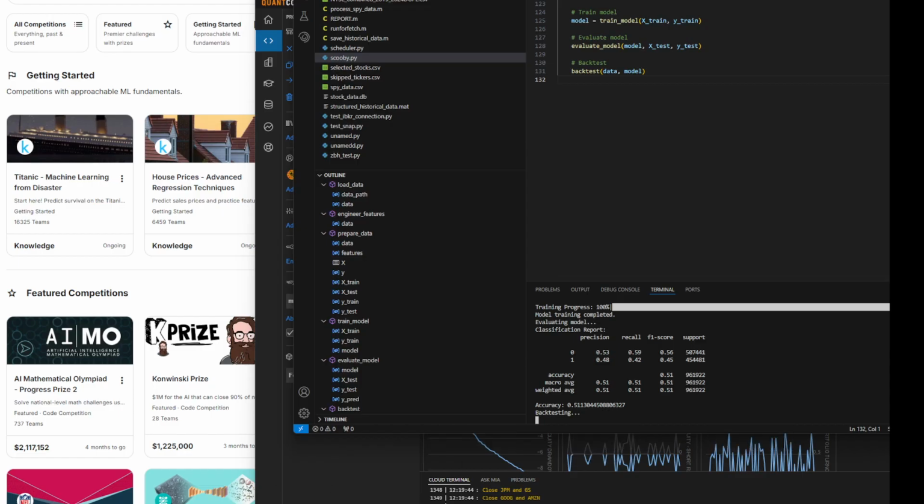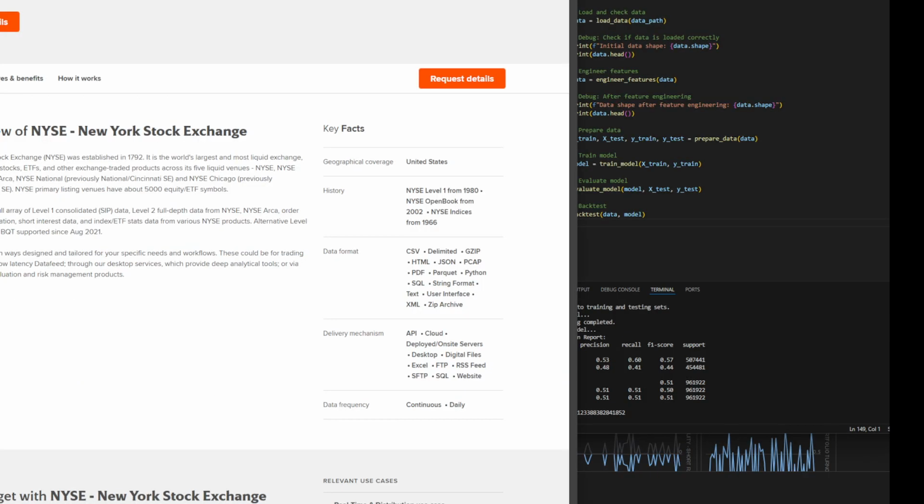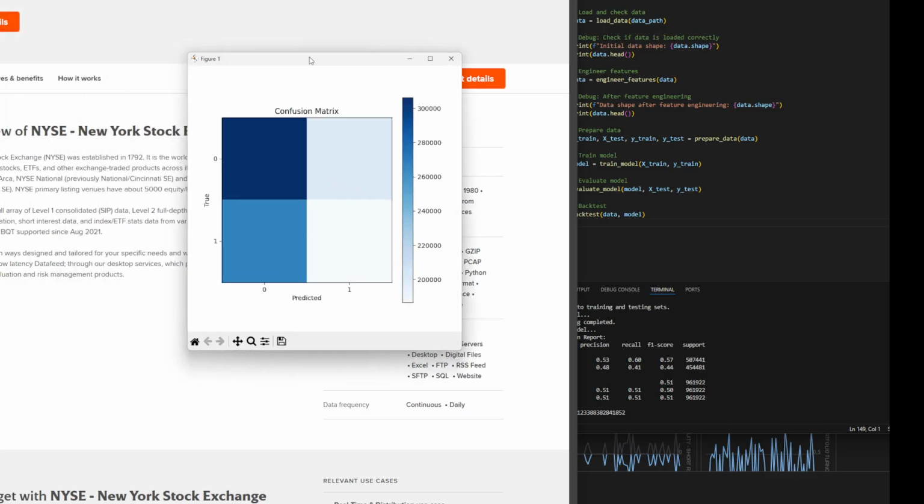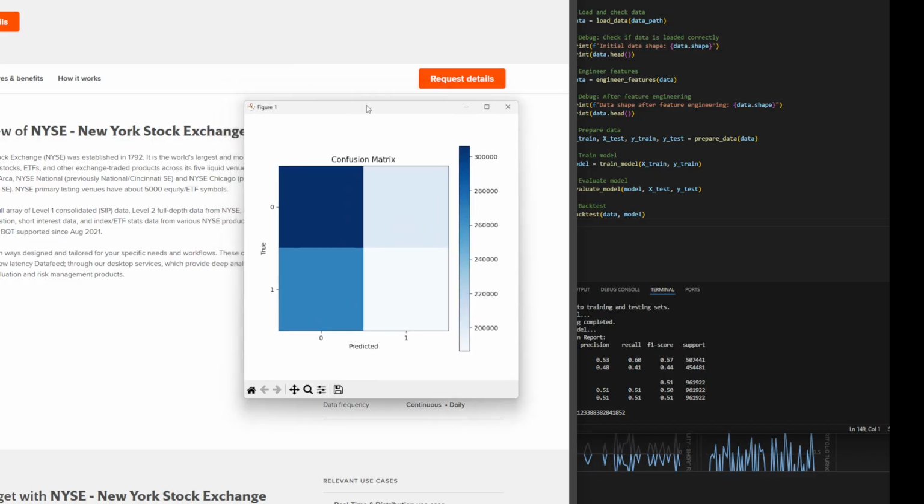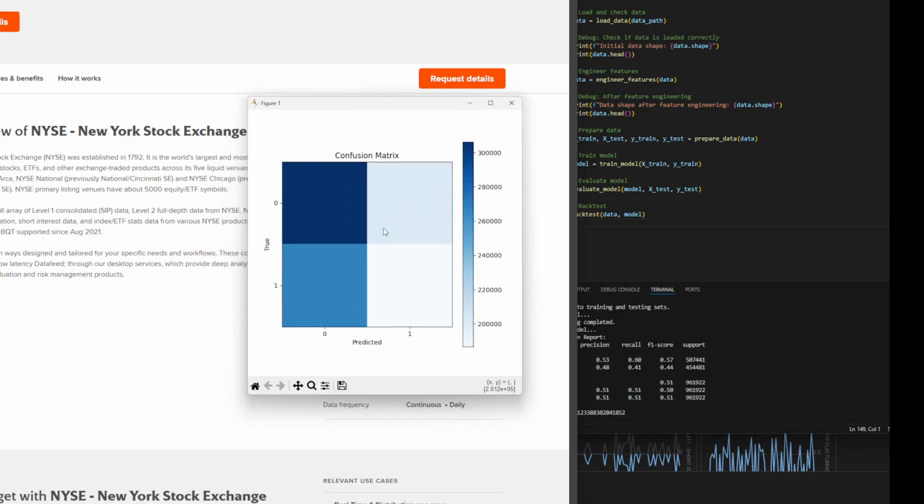This looks like it might be a short video today after all. Another thing, this came up. It's a confusion matrix, which does kind of confuse me. 1 and 1 here would probably be the best.